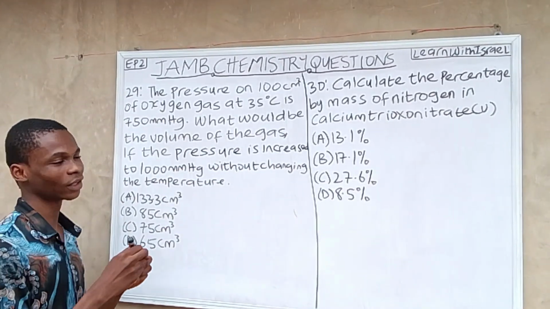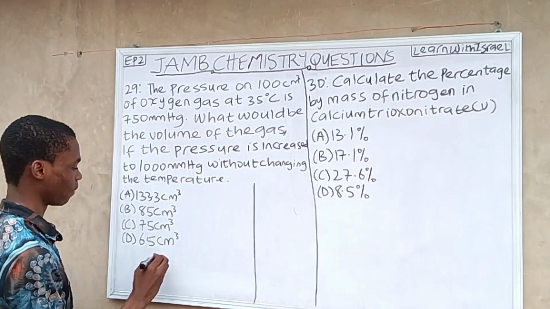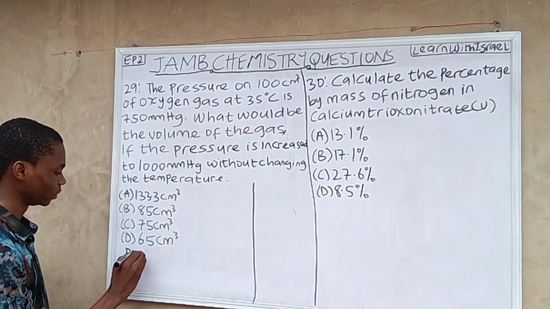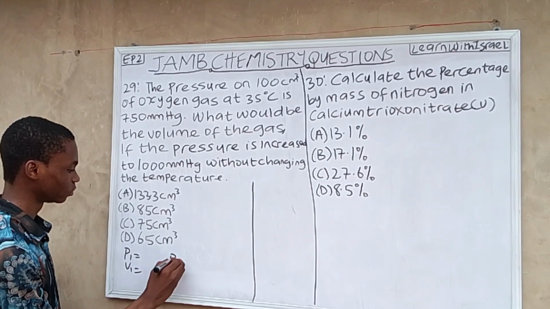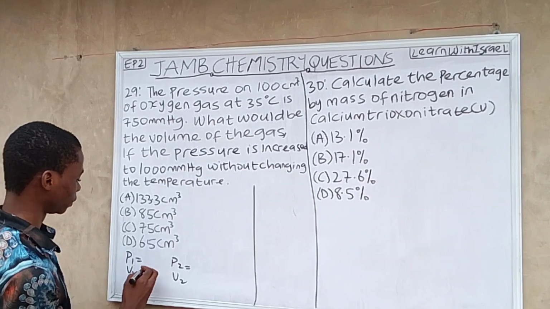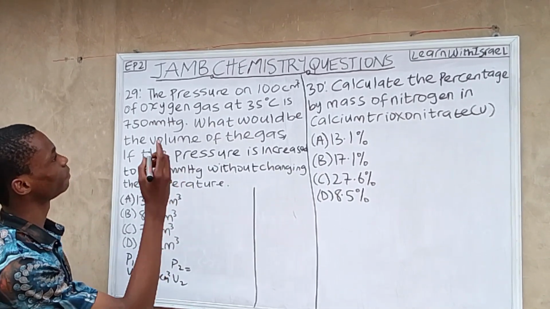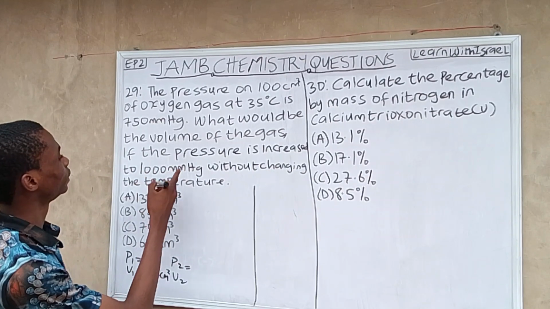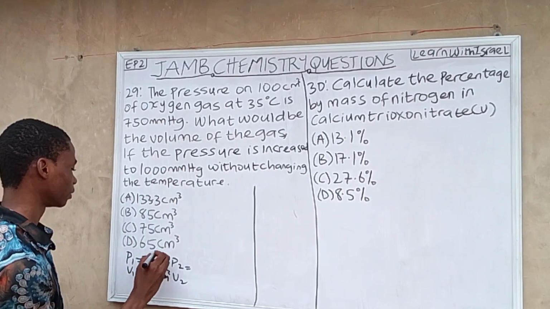So let's write out our parameters. So we have our P1, V1, we have our P2, we also have our V2. So our V1 is 100 centimeter cube. Our P1 is what? 750 mmHg.